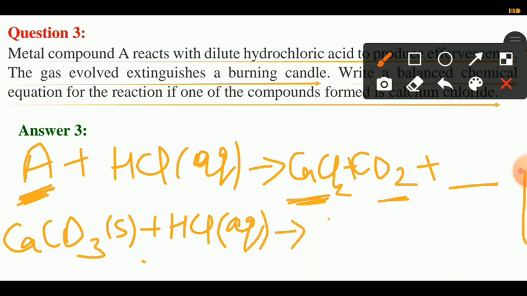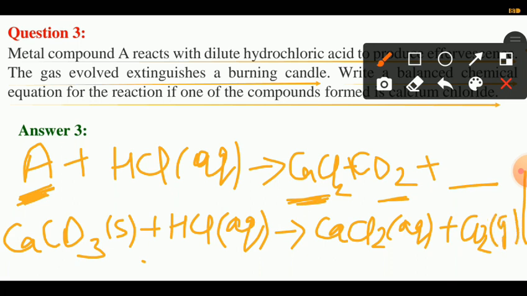Then there is the production of calcium chloride, CaCl2, which will be dissolved in the aqueous, plus carbon dioxide gas, which will produce the effervescence and extinguishes the burning candle, that is in the gaseous form, and also the production of water. So that is the reaction of metal carbonate with hydrochloric acid, and there is the production of salt plus carbon dioxide gas and water. So we can write the equation like shown here.